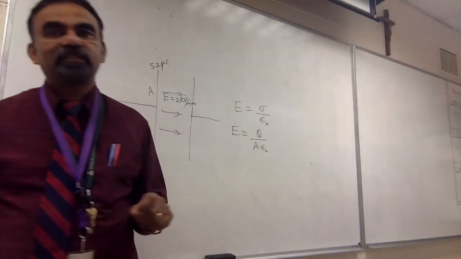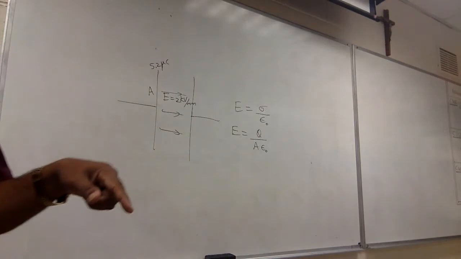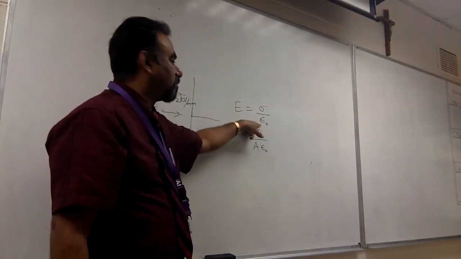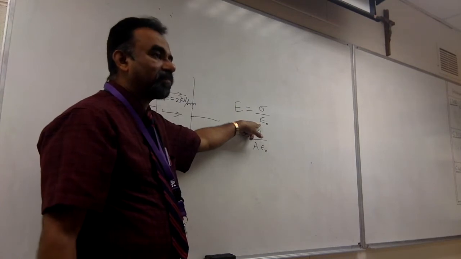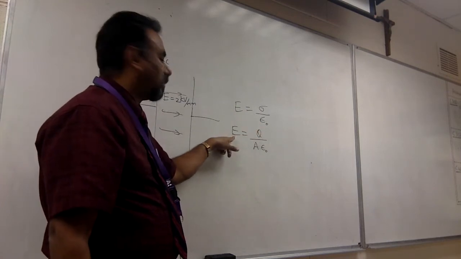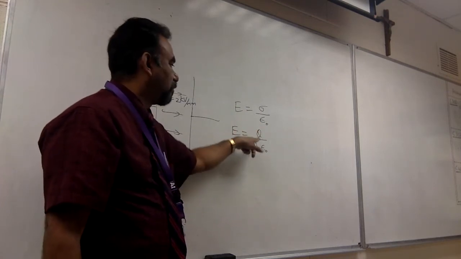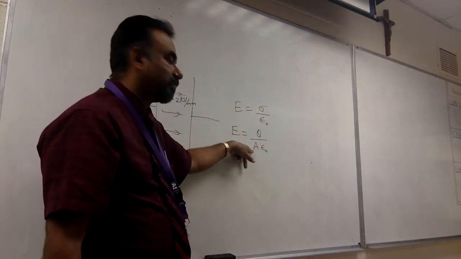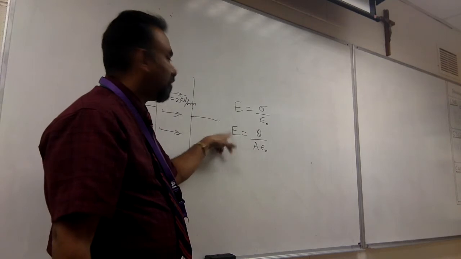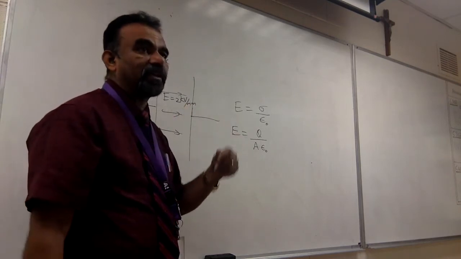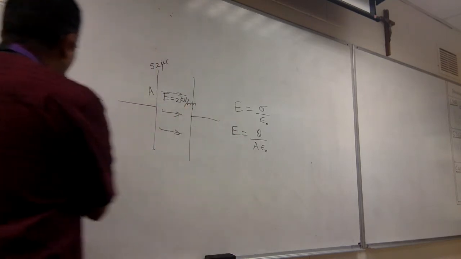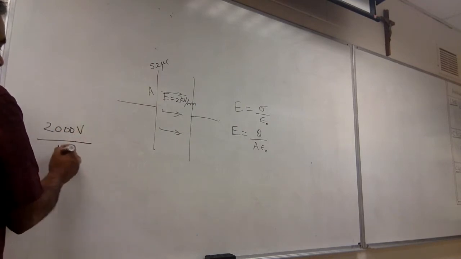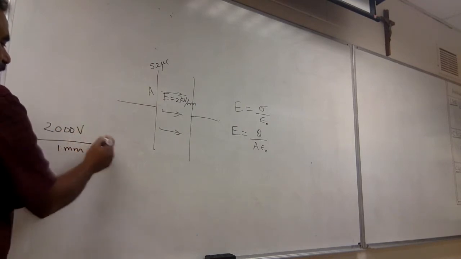Have you seen this equation before? Electric field is the charge density over the permittivity, and the charge density is Q over area. Now the electric field is not given in the right unit, so you have to take care of that part. 2 kilovolt means 2000 volt per millimeter.